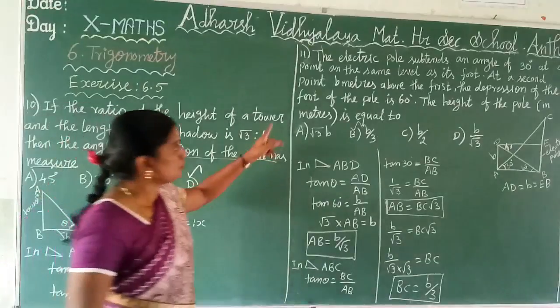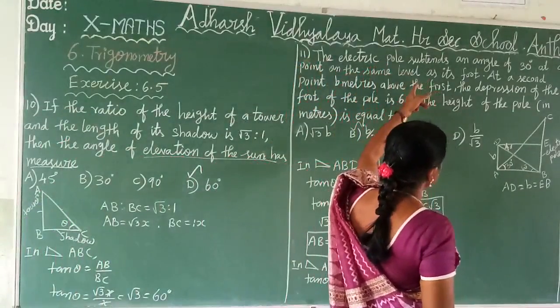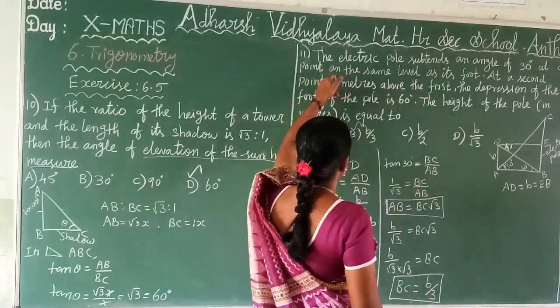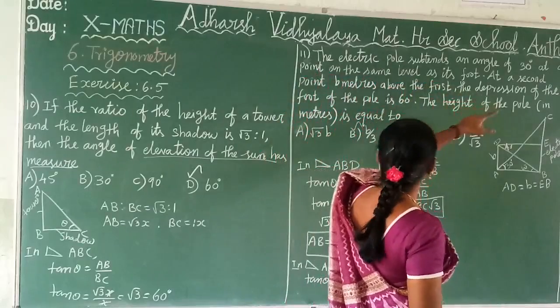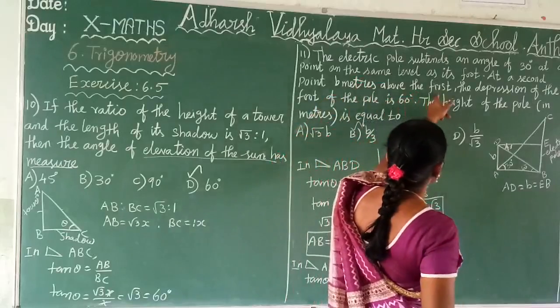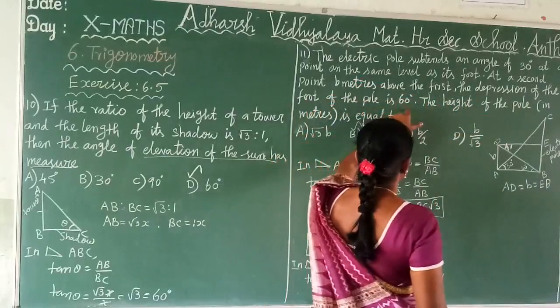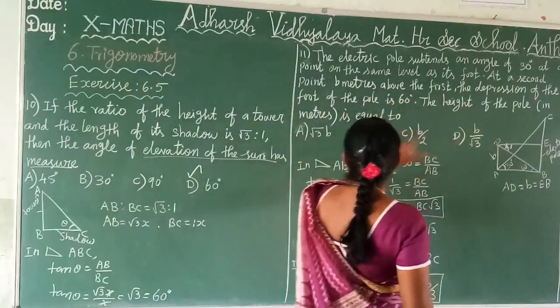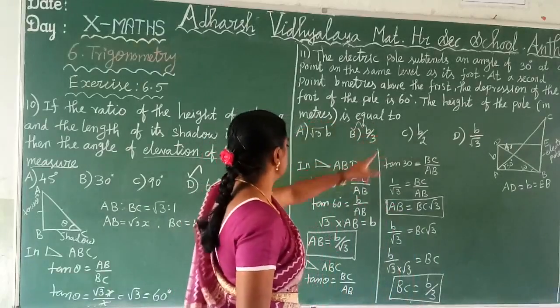Next, the 11th one. An electric pole subtends an angle of 30 degree at a point on the same level as its foot. At a second point B meters above the first, the angle of depression of the foot of the pole is 60 degree. The height of the pole in meters is equal to.